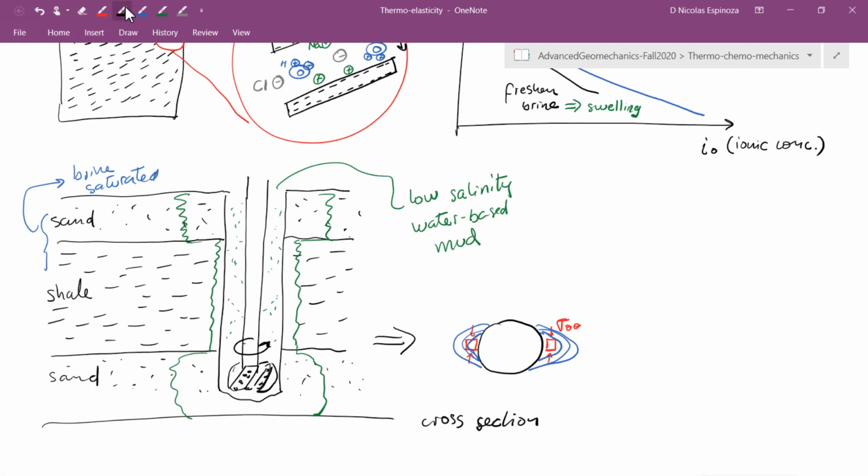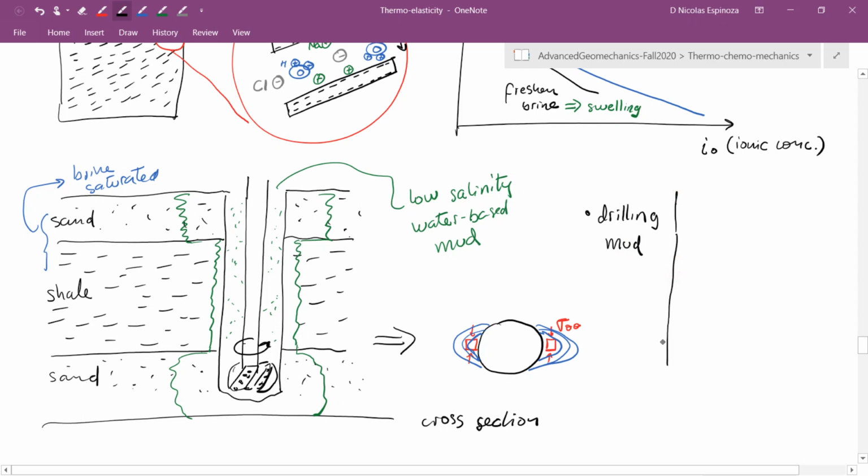How would you solve this problem in order to avoid that swelling and the weakening of the rock by freshening the pore water? Well, we cannot control the rock and we cannot control what is in there originally, but we can control the composition of the drilling mud.